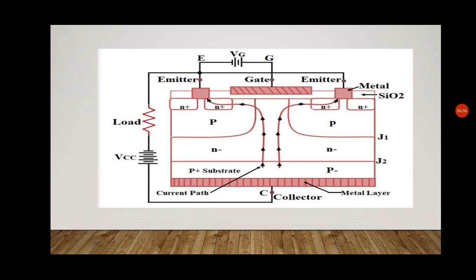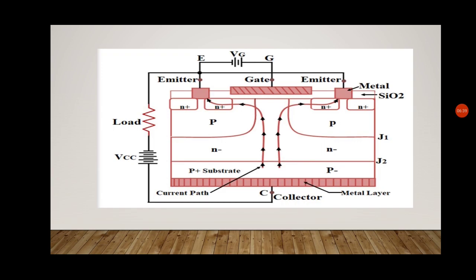As shown in the diagram, between P and N negative layer is the J1 junction, and between N negative and P layer it is the J2 junction. If this is the case, then the junction J1 will be reverse biased, whereas the junction J2 will be forward biased. Since J2 is in forward bias and J1 is in reverse bias, there will not be any current flowing inside the IGBT, that is from collector to emitter, due to the reverse bias of junction J1.